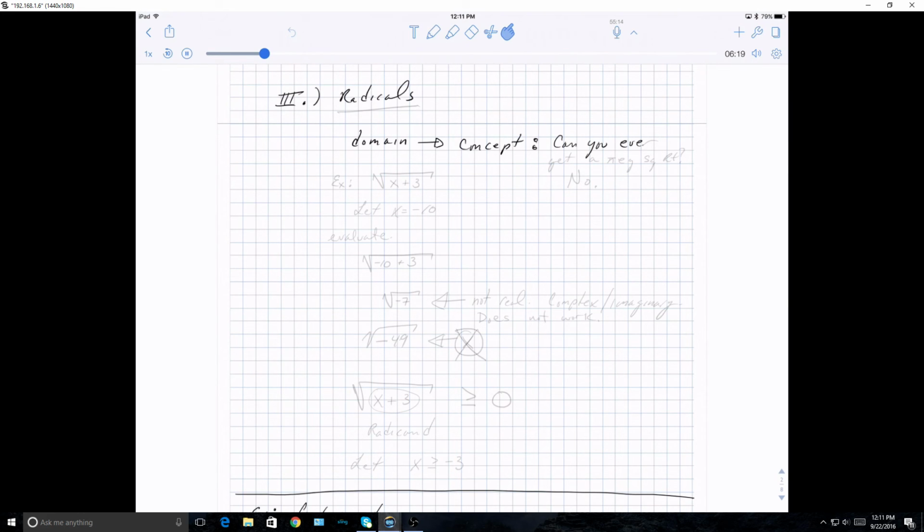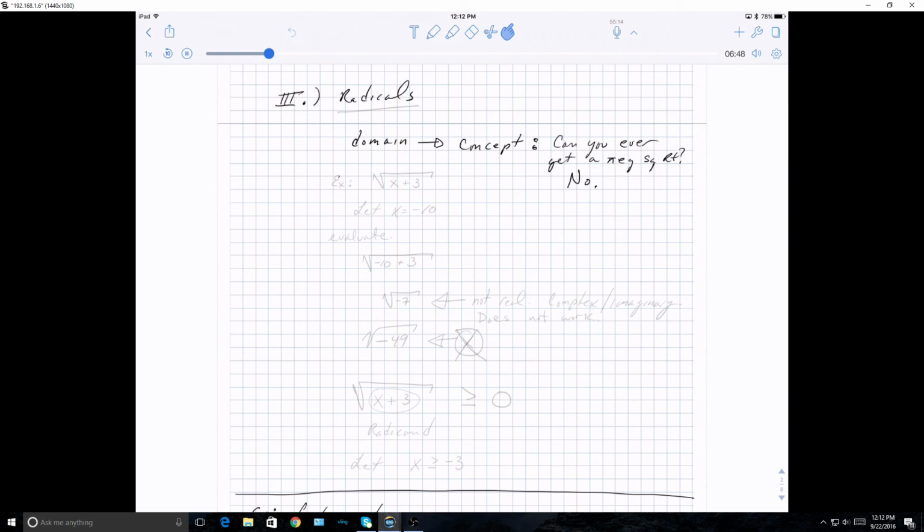Can you ever get a negative square root? And, well, the answer is no. So, well, what does that mean? That means that we have to do some kind of fancy work to figure out the domain here.